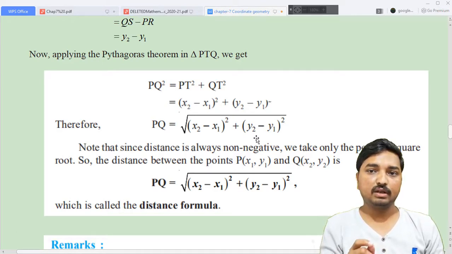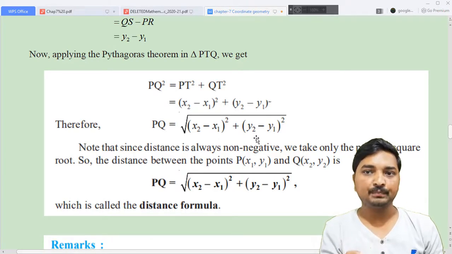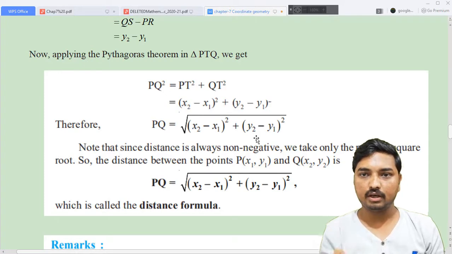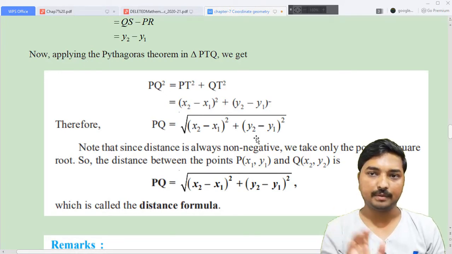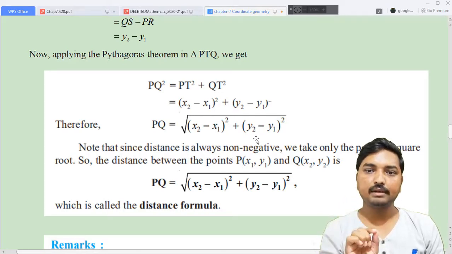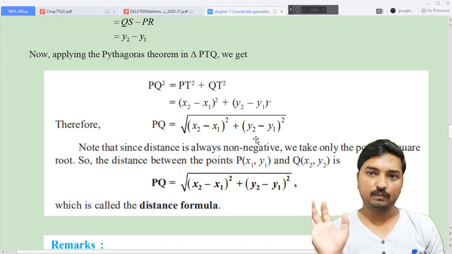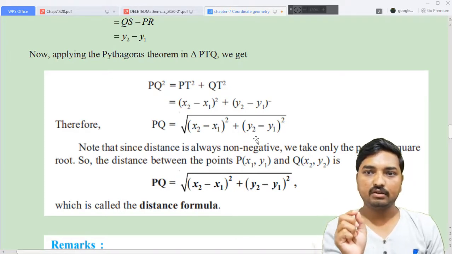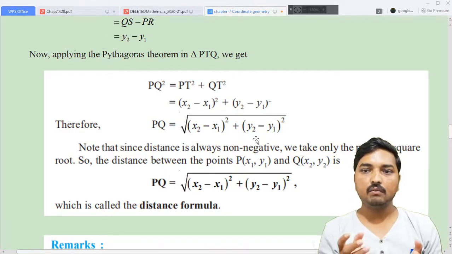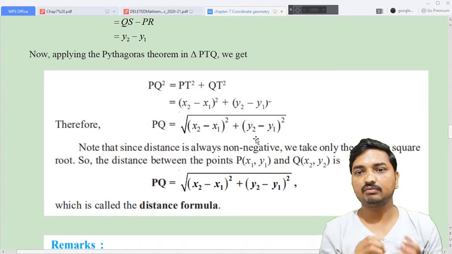So what are x1, y1, x2, y2? x1, y1 are the coordinates of P. x1 is the x coordinate, y1 is the y coordinate of P, and x2, y2: x2 is the x coordinate of Q, y2 is the y coordinate of Q. So if you know the coordinates of both P and Q, on substituting in this formula and simplifying, you will immediately get the distance between P and Q.